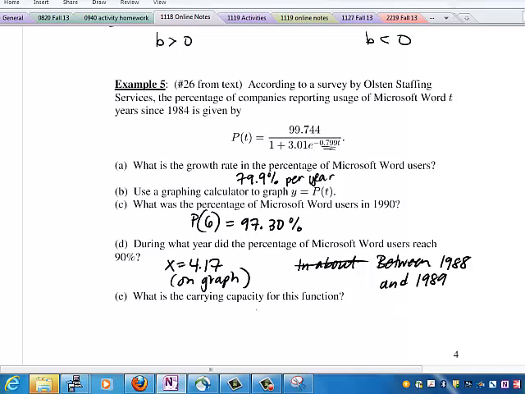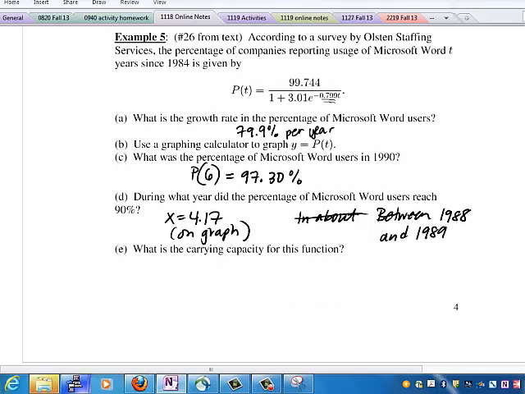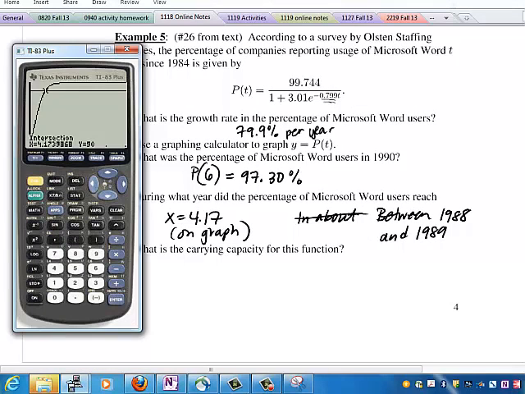And what is the carrying capacity for this function? That's the value at which the function levels off. So if we look at the table, for example, or even just do a trace. So let's look at the table. So if we go to table, and mine is set automatically to be going up by ones.